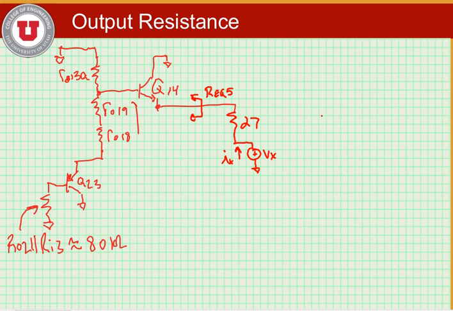So here we see that REQ5 is equal to approximately 1 over gm14, which is 21 ohms, and this is in series with that 27 ohm resistor, so our Rout is equal to 48 ohms for the 741 op amp.